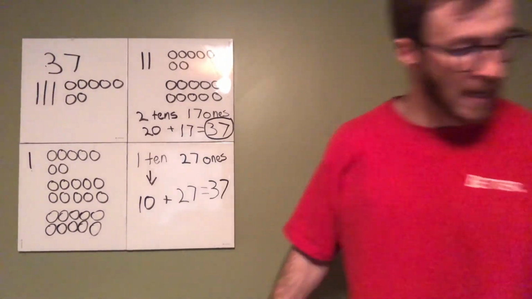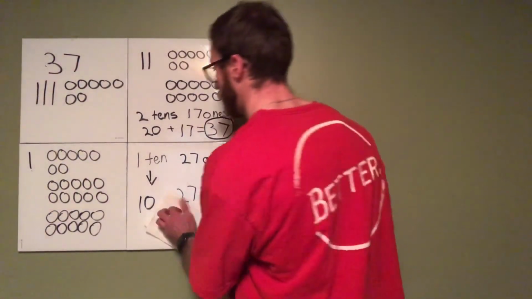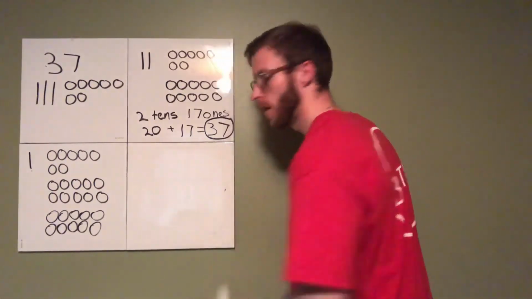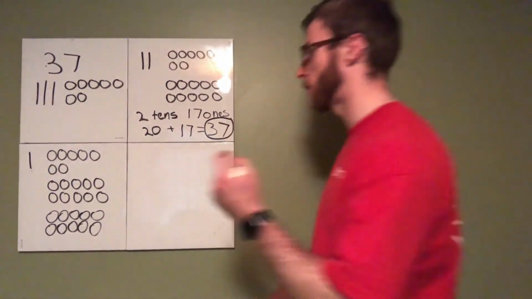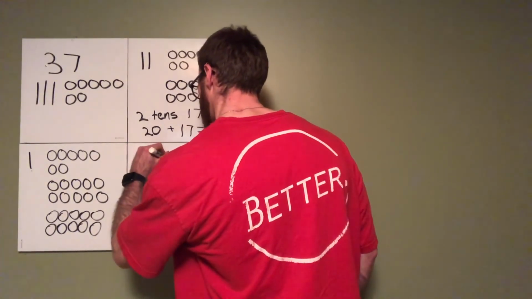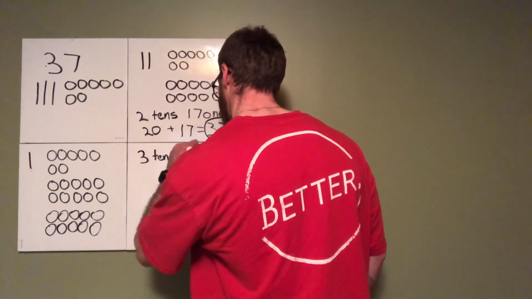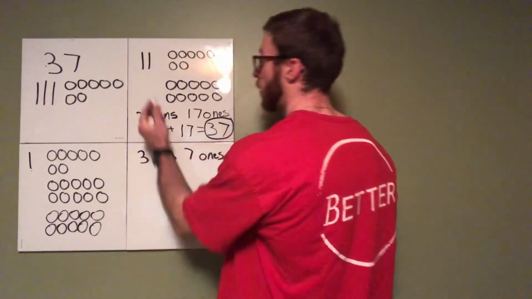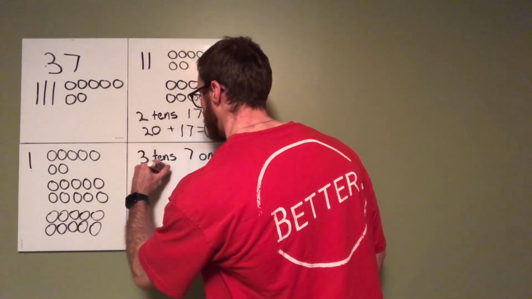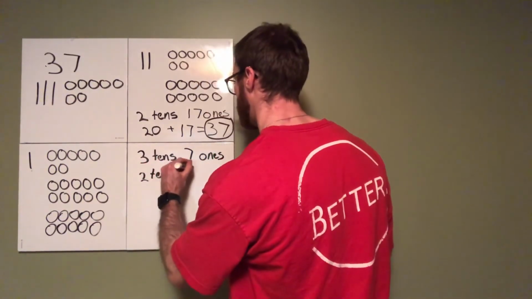All right, so let me write that out real quick on one of these boards, just so we can see the pattern of how we were changing these numbers. So we had 3 10s, 7 ones. Then up here we had 2 10s and 17 ones.